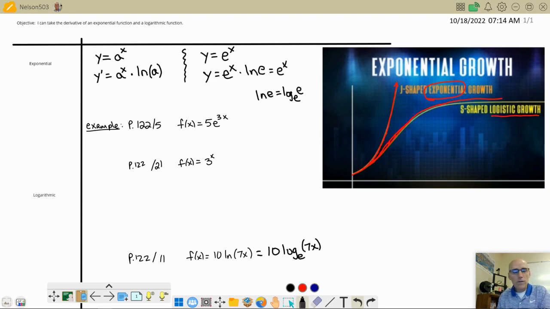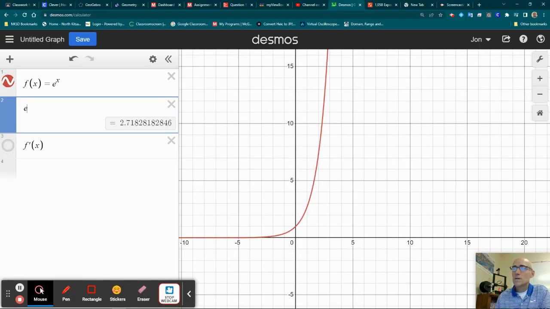So e to the x is the only function whose derivative is the same function. You don't have to have a modifier on there, because that modifier, that factor that would vertically stretch or compress it, is equivalent to 1. It's the craziest thing, right? It's right on top of that function over there.